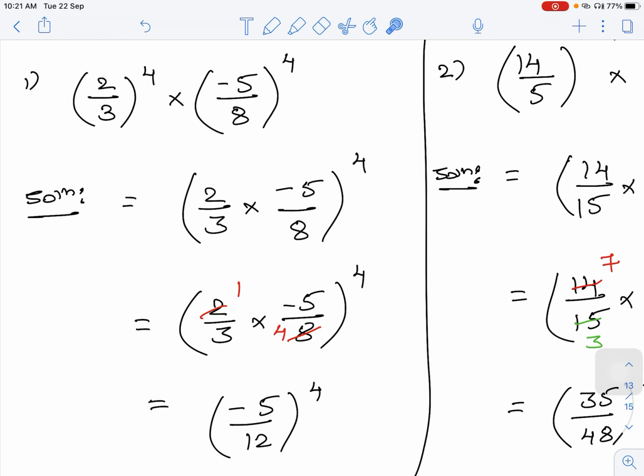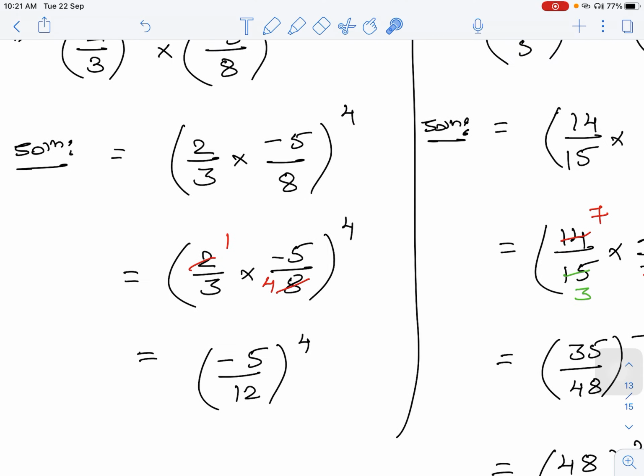In the next step, we check whether we can cancel any numbers or not. If you want, you can do it in this step also. For our convenience, I have written it in the next step. So 2 ones are 2, 2 fours are 8. Nothing else can be cancelled over here. So minus 5 into 1 will be minus 5, and 4 threes are 12. So our next step is (-5/12)^4. So this is our final answer.